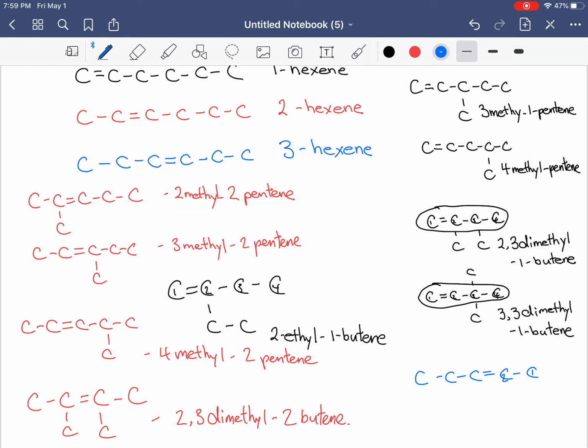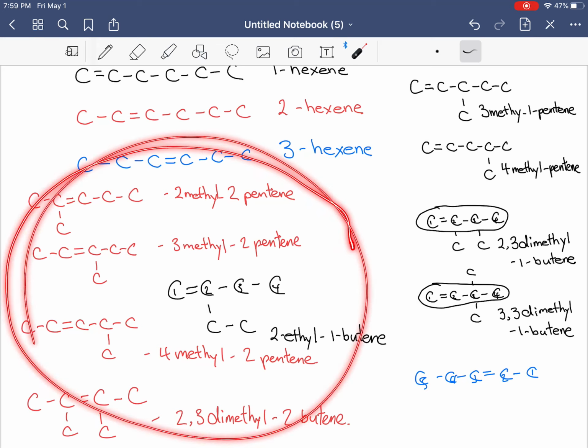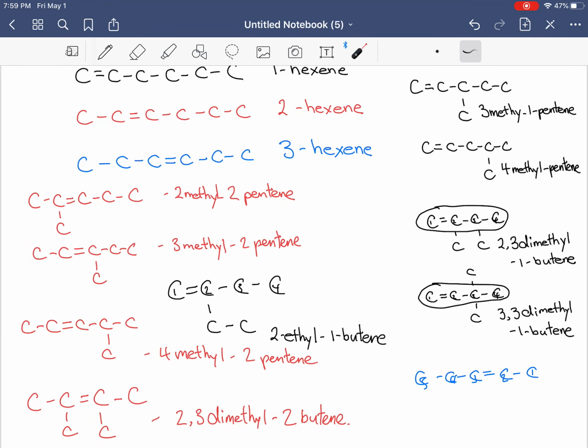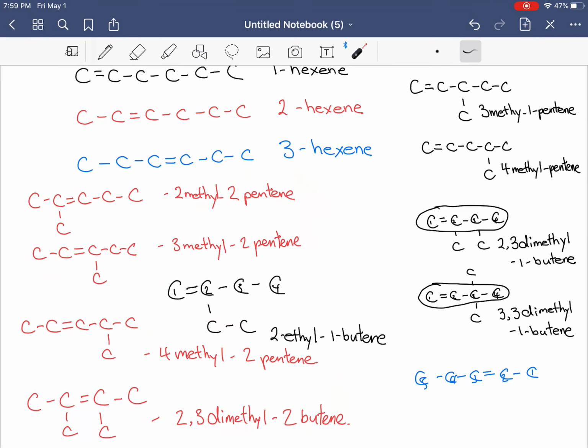Think about it. This is already a 2-pentene. Where are you going to put that side group? If you're going to put some side group in here, we already did that right there. All the ones in red, we did already. So there are no more isomers. All the isomers have already been taken care of in this case.